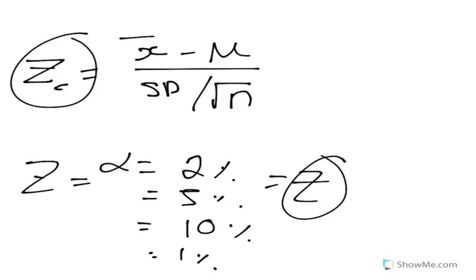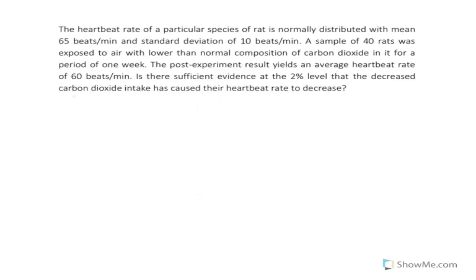So to illustrate whatever I've said, to make it more understandable, let's now do a question. The heartbeat of a particular species of rat is normally distributed with a mean of 65 beats per minute and standard deviation of 10 beats per minute. A sample of 40 rats was exposed to air with lower than normal composition of carbon dioxide in it for a period of 1 week.